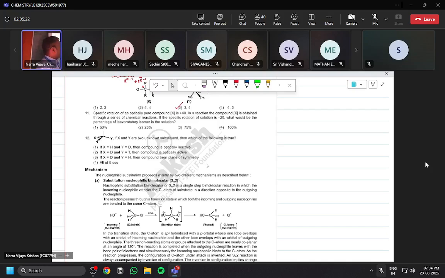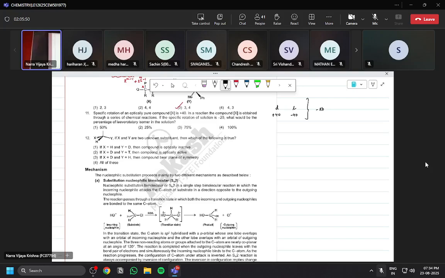See, if it is a pure plus form, I will write D form, then it is plus 40. Then its mirror image, if it is pure L form, minus 40. Now I am mixing them in a proper ratio such that the mixture has minus 20. Correct? So what can be L value? What can be D value?